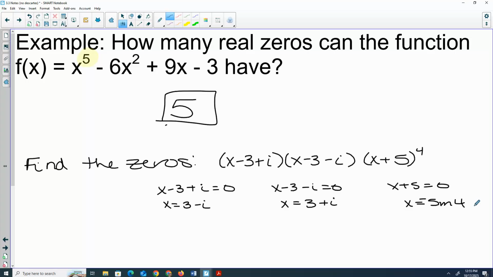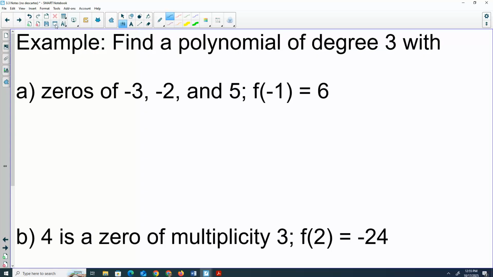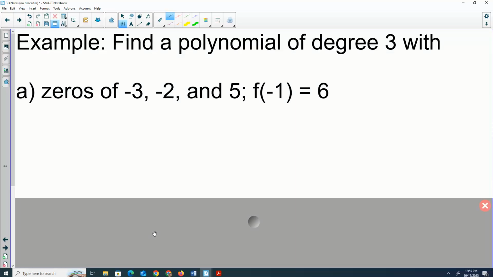All right. Last slide for today. Can we create a polynomial that meets these requirements?